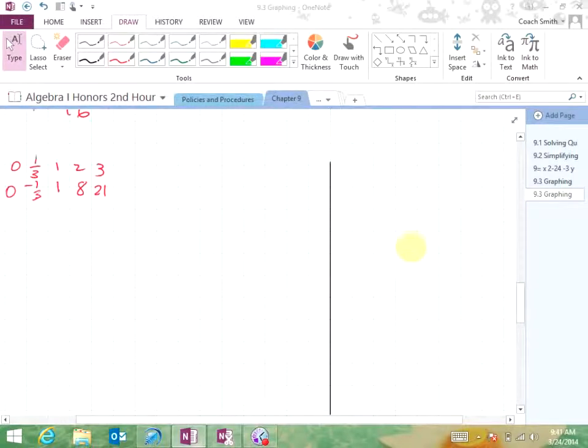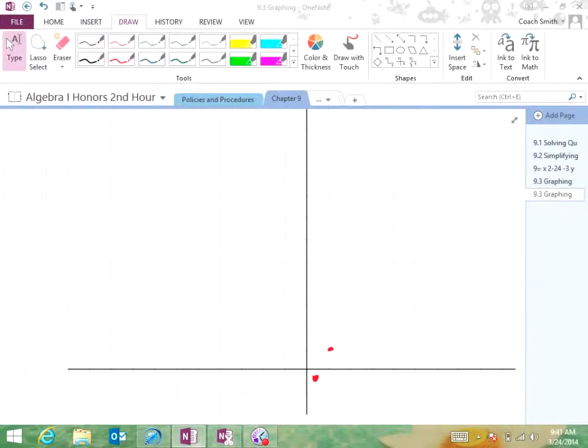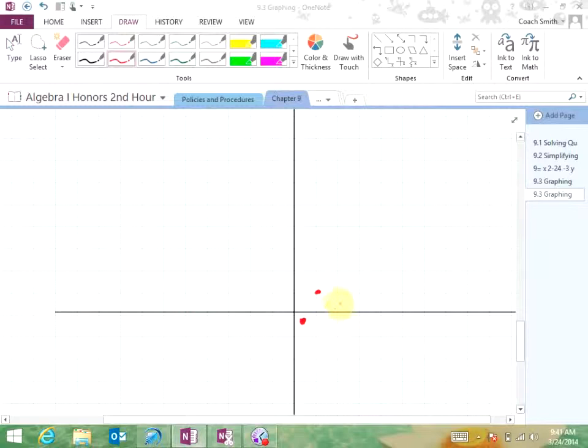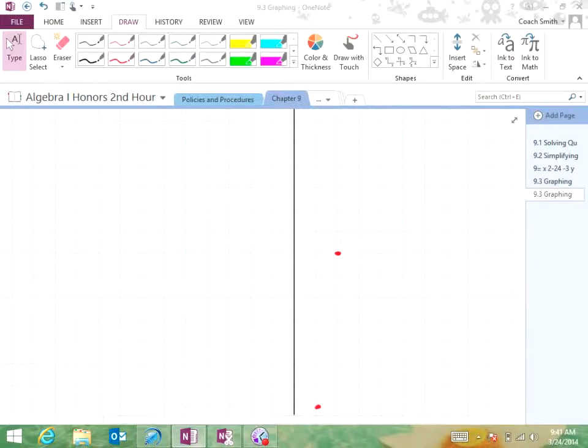Next one is 2 and 8. So 2 and 1, 2, 3, 4, 5, 6, 7, 8. Next one is 3 and 21. So that would be 9, 10, 11, 12, 13, 14, 15, 16, 17. Make a mark there. 18, 19, 20, 21.